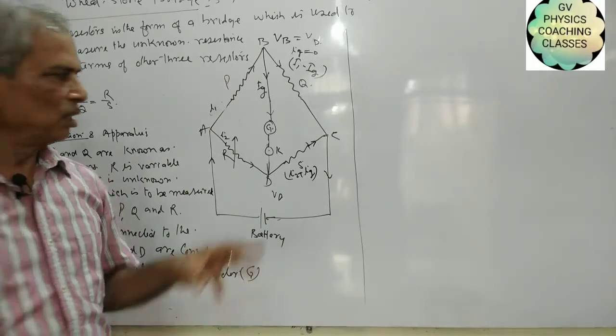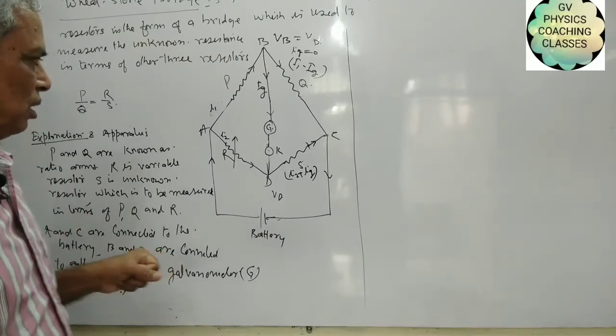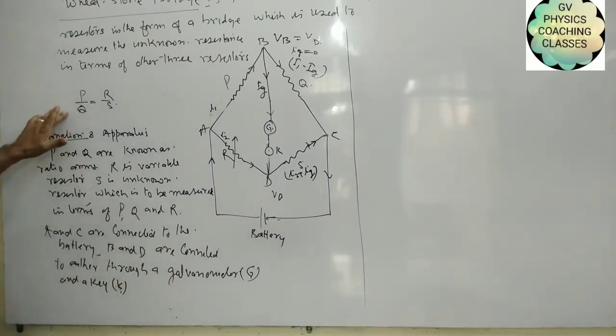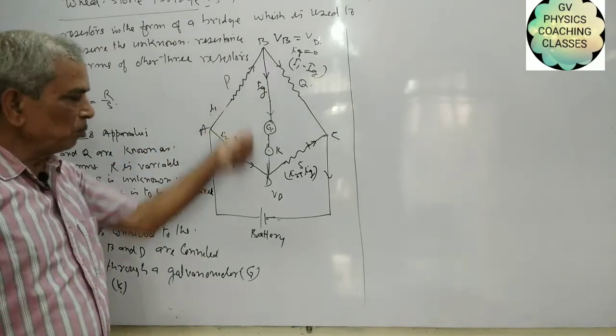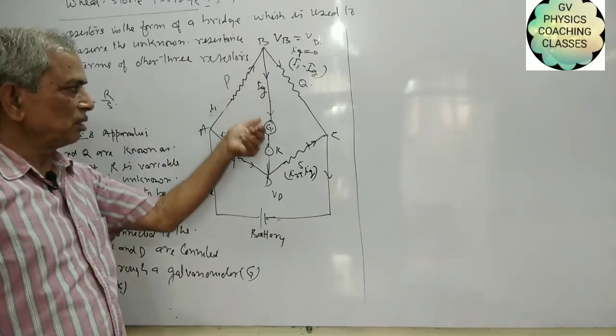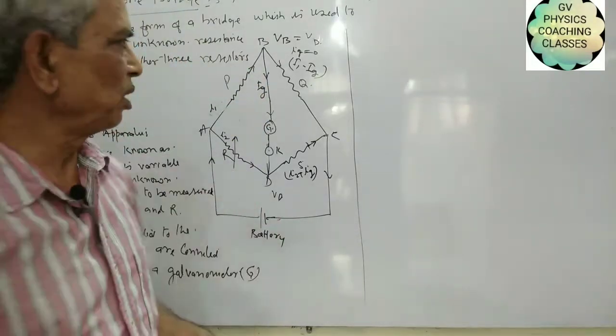This is the condition for the Wheatstone bridge: P upon Q should be R upon S. This is only when the current of the branch in which the galvanometer is connected is zero.